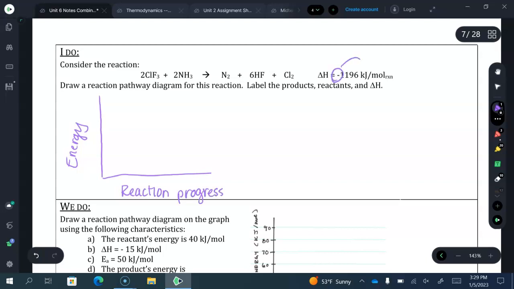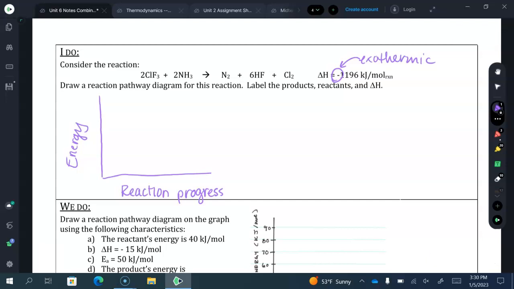We see that this has a negative sign, so this is exothermic, which means that my system is going to release energy. And since it is releasing energy, that tells me my products should be low and my reactants should be high in energy.